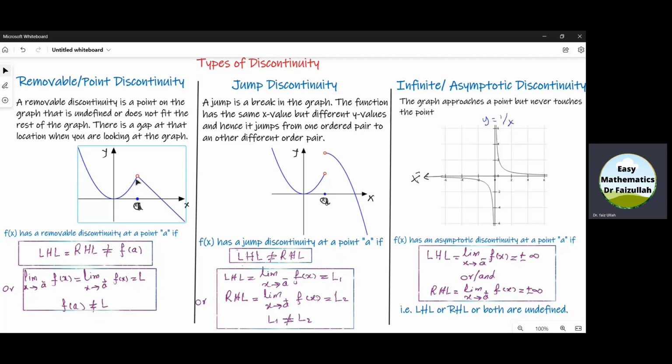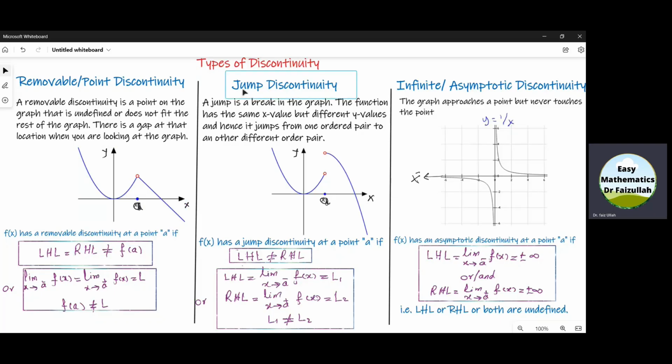Mathematically, the left hand limit and right hand limit at that point will exist, and they will be equal. So the limit will exist, but if we find the value of the function at that point, let us say f of a, then the limit will not be equal to f of a.